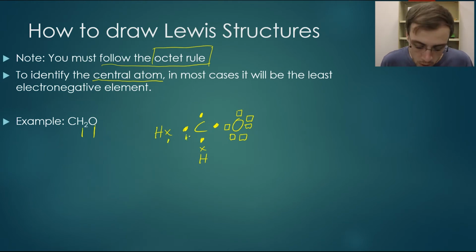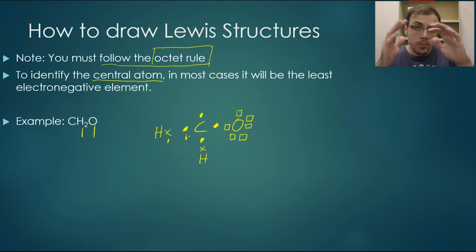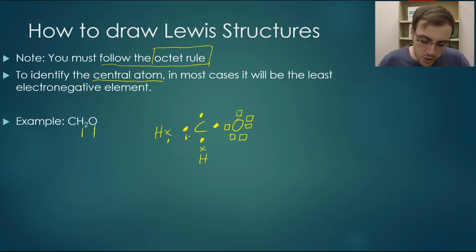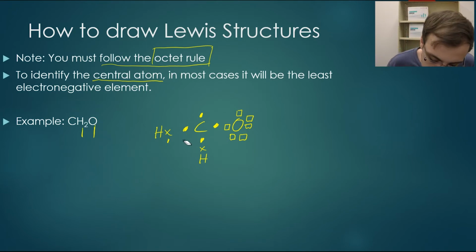For hydrogen, its outermost shell is the s orbital. So hydrogen is one of the exceptions where it doesn't need 8, it only needs 2, because remember, it's the outermost shell. So hydrogen is happy, so that's good. We can give that a bit of a tick and move on.